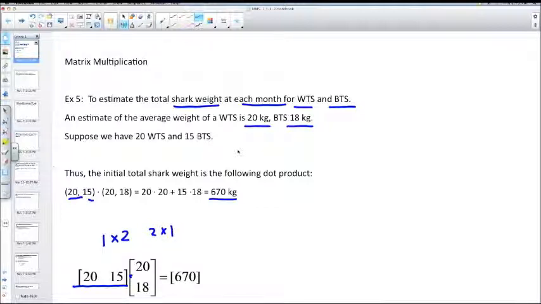And then, just like a dot product, now we call it matrix multiplication. You are going to get a 1 by 1 matrix. That's actually a scalar, and it's 670. We did that before, but we called it a vector dot product.